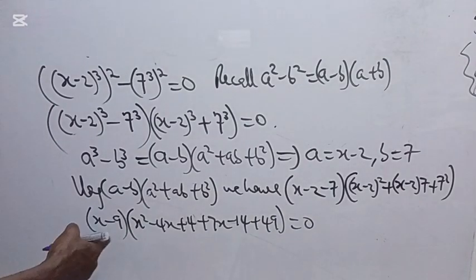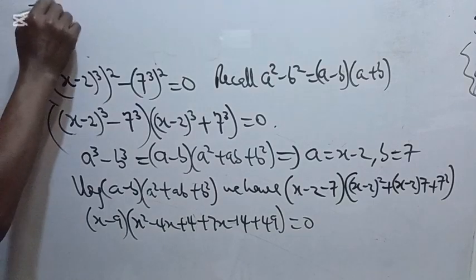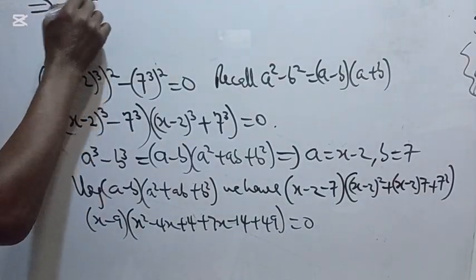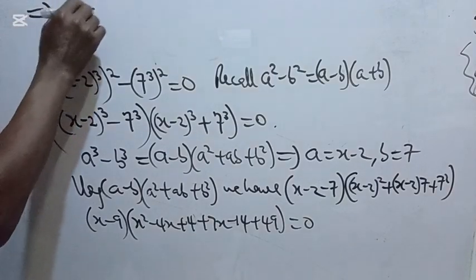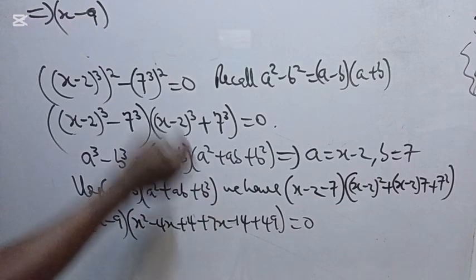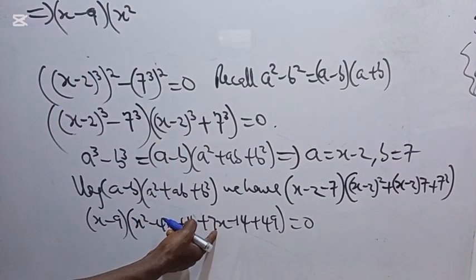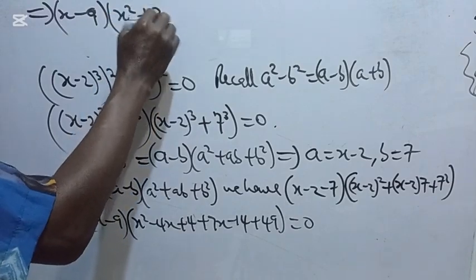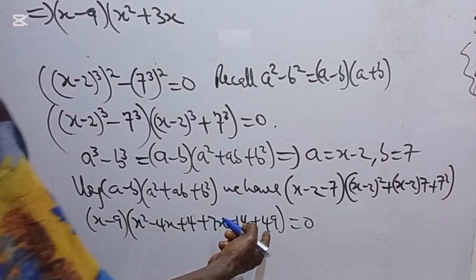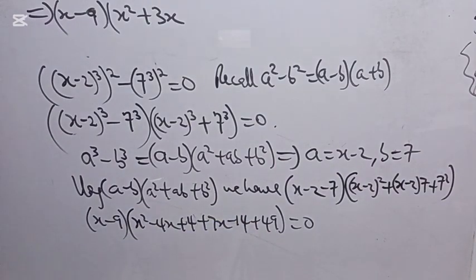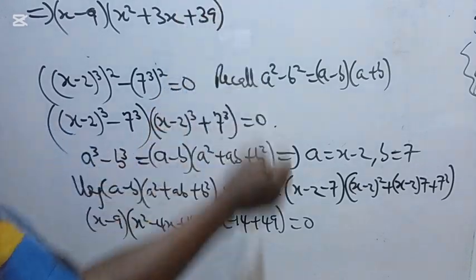So now expanding this, this becomes x minus 9 into the whole of x squared minus 4x plus 7x, that's plus 3x, then plus 4 minus 14, that's minus 10, plus 49, that is plus 39, is equal to 0.